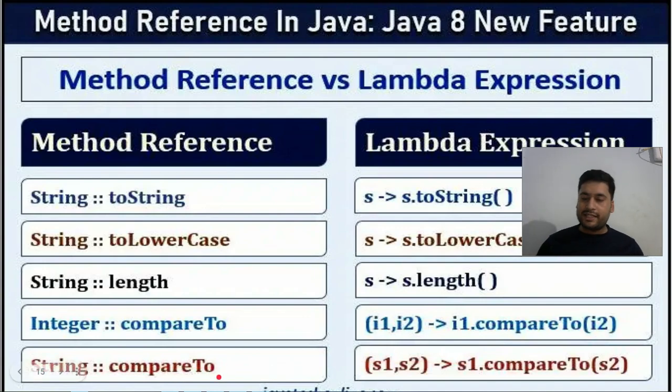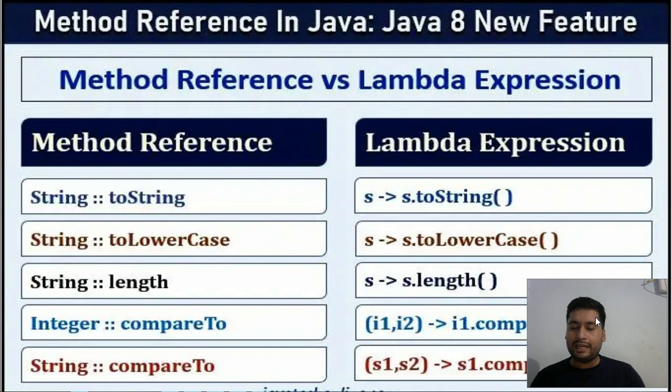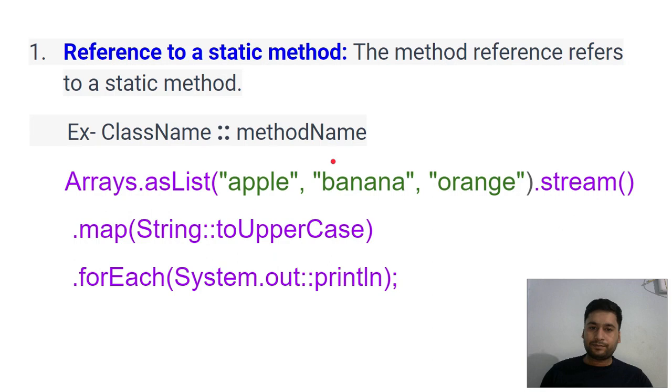So this is basically what you have to understand, and I will teach you one by one each and everything: what is the method reference, how we are using it, how we are providing implementations for that. Okay, let's go to the next. Here, reference to a static method: the method reference refers to a static method.